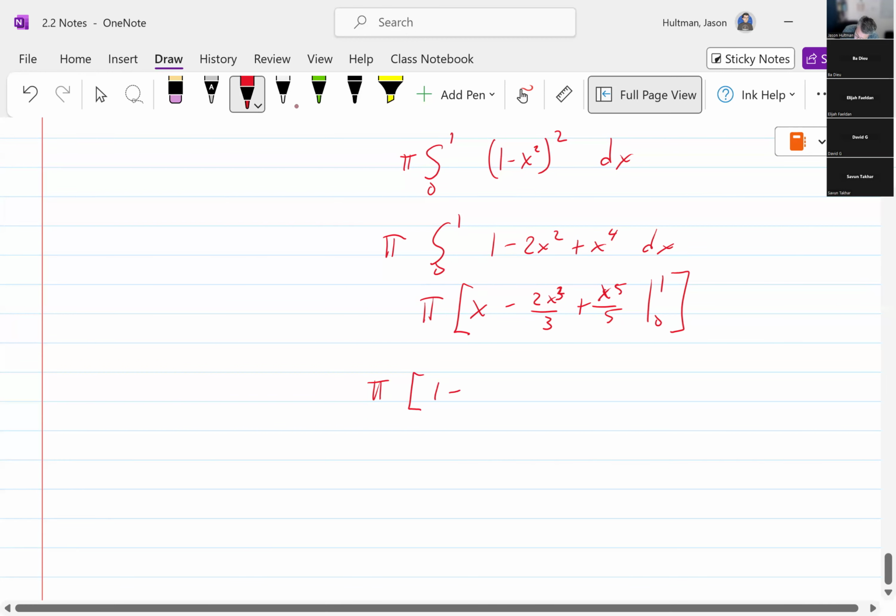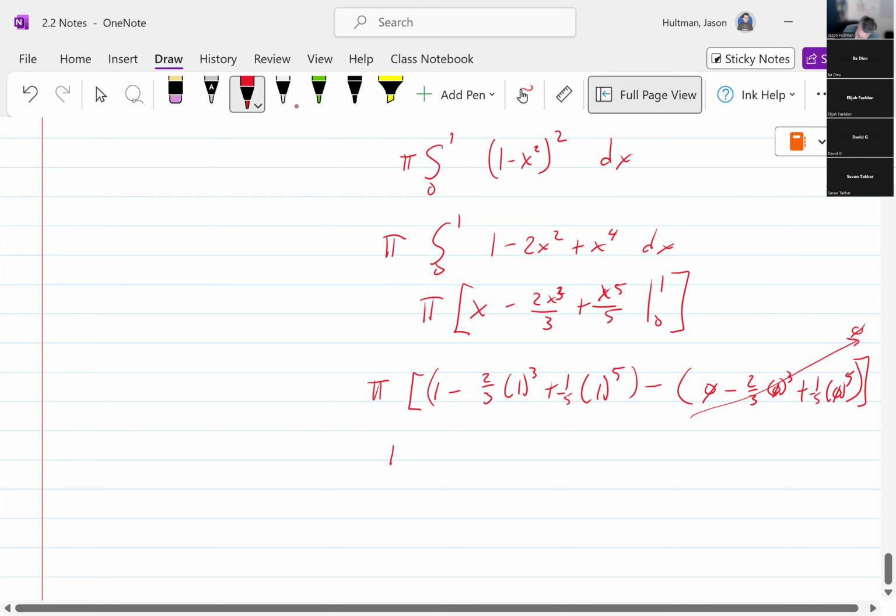This is 1 minus 2/3 times 1 cubed plus 1/5 times 1 to the 5th, minus, this is 0 minus 2/3 0 cubed plus 1/5 0 to the 5th. Close bracket. This all goes to 0.